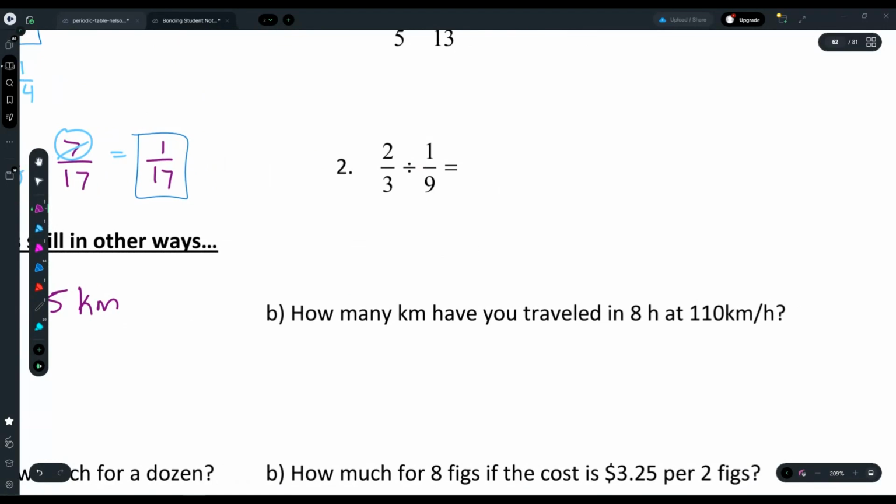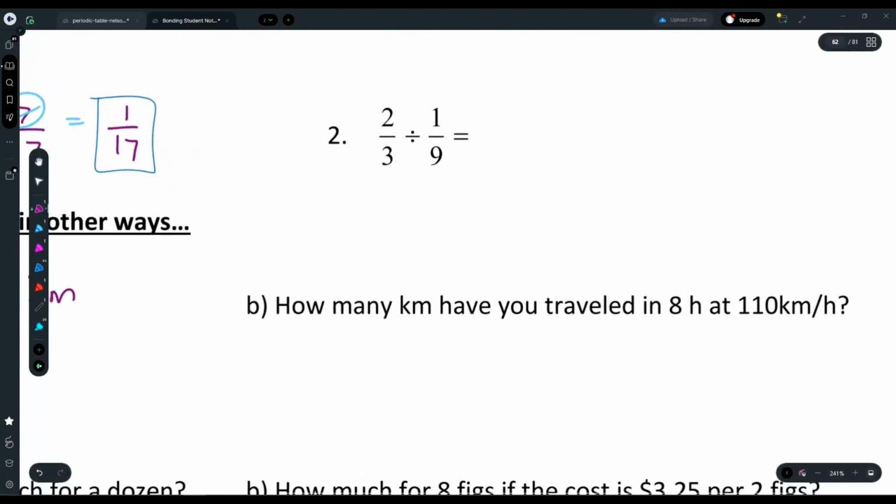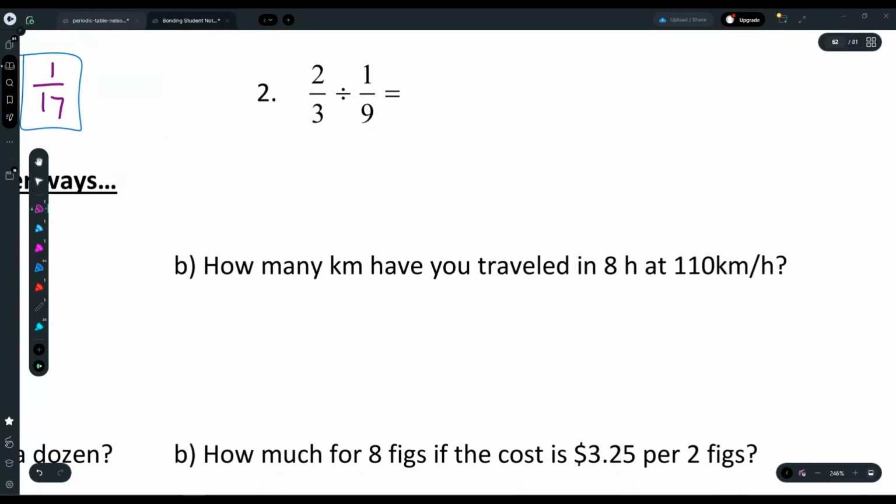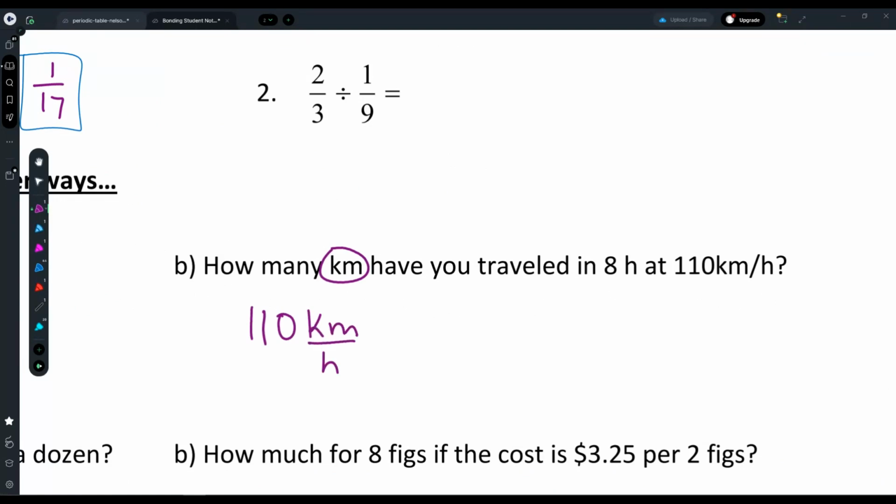If I did this other example of how many kilometers you have traveled in 8 hours at 110 kilometers per hour: if we're trying to find kilometers and we're given 110 kilometers per hour, I know I want to cancel out the hours, and since hours is on the bottom, I just need to put hours on top.